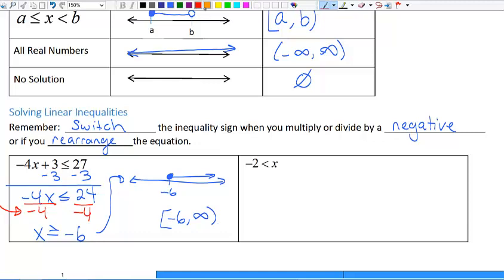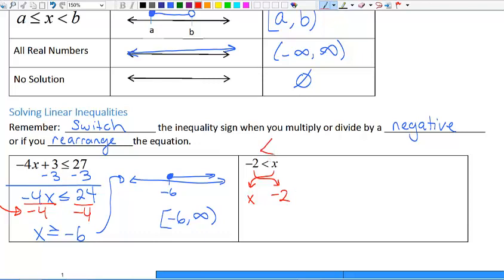The only other time you'd switch your inequality is if you want to rearrange the inequality, which I'll show an example of here. -2 is less than x is a fine solution. It's just sometimes it's hard to graph when the x is in the back and not in the front. So if you choose to put the x in the front and the value in the back, well, your inequality sign still has to read correctly.